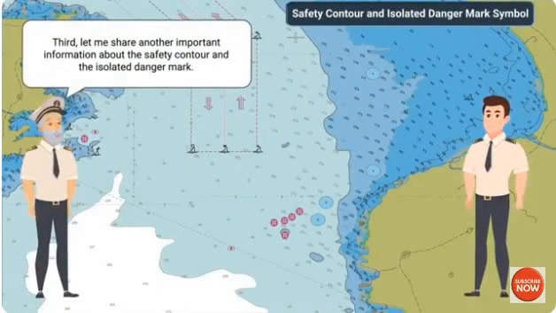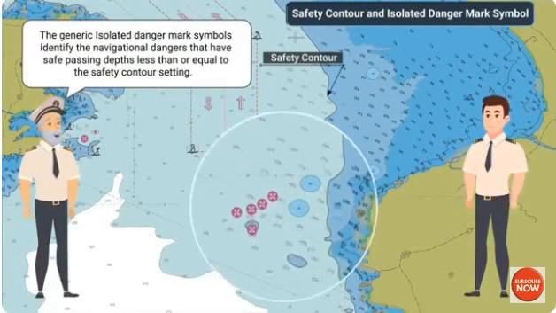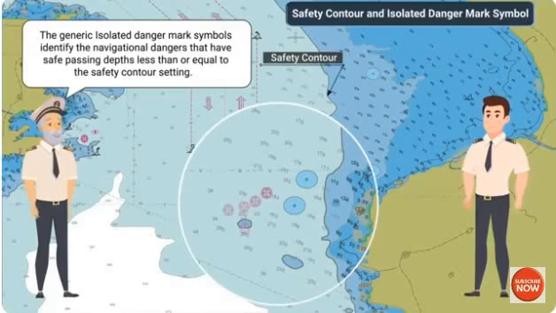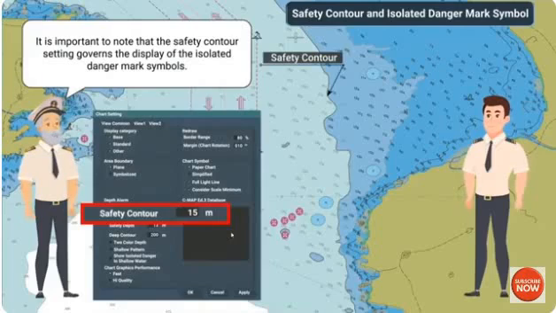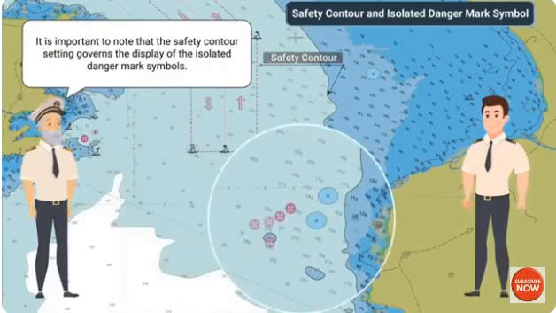Third, let me share another important information about the safety contour and the isolated danger mark. The generic isolated danger mark symbols identify the navigational dangers that have safe passing depths less than or equal to the safety contour setting. It is important to note that the safety contour setting governs the display of the isolated danger mark symbols.